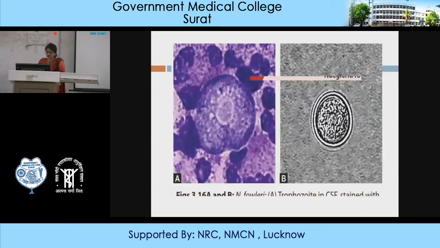This is the picture showing here, the first picture is the H stain of the CSF sample that is showing the trophozoite form. Here you can see the sky blue or the dark blue colored wall, and here the nucleus is pink in color, and here this is the cyst form of Naegleria fowleri.